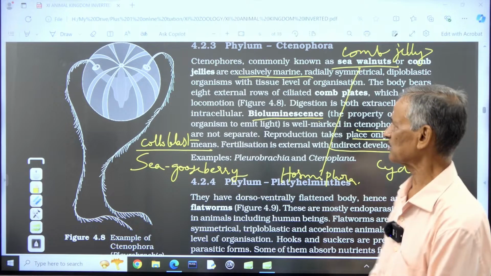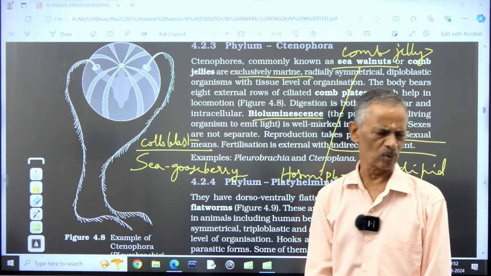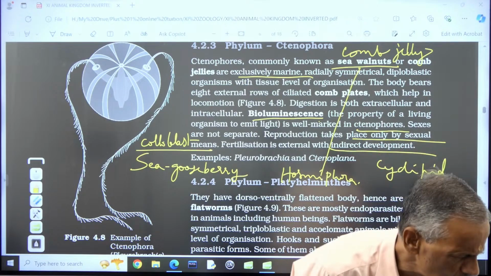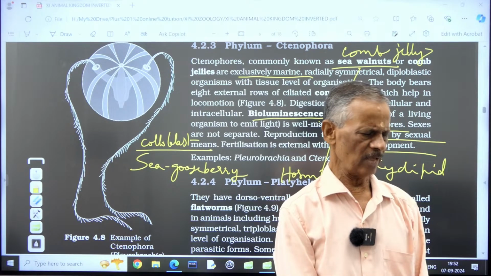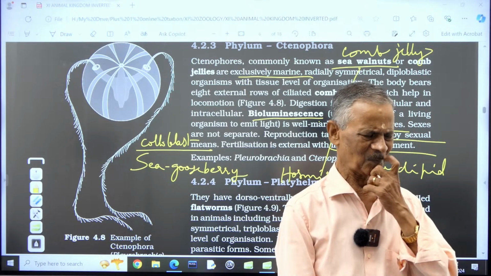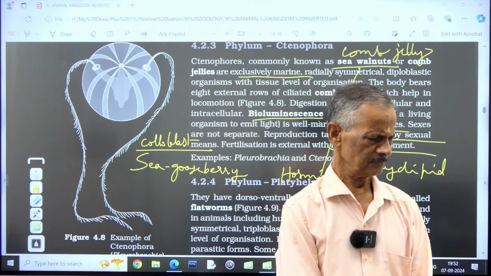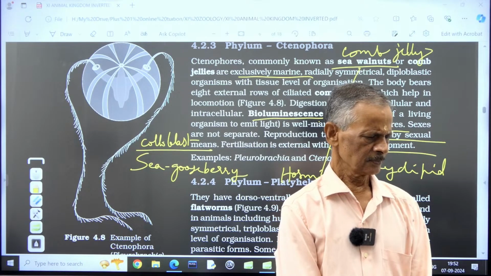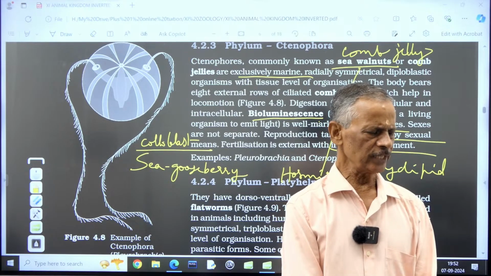Their characteristic cell is colloblast cells, which is not in your books. Anybody having a doubt? Can we go to the next phylum?